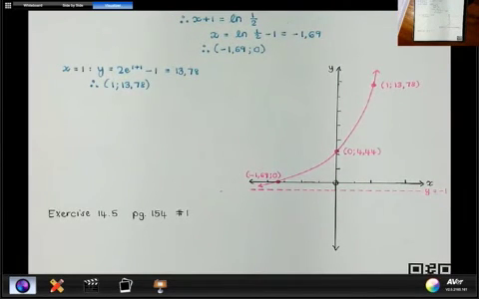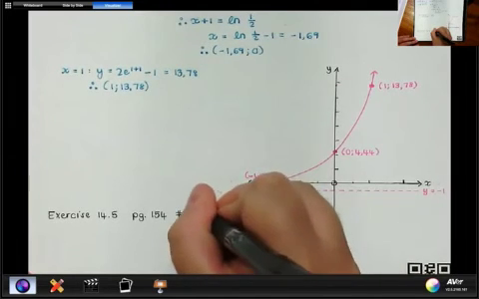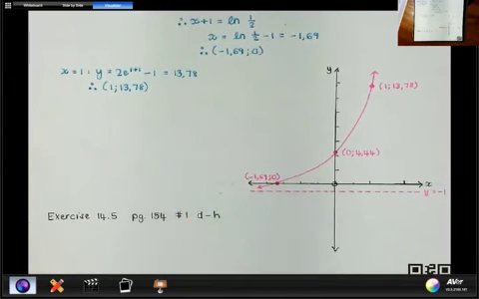So maybe let's not do all of them. Let's do D to H. Right, number 1, D to H. You are obviously more than welcome to do all of them if you feel like you need the practice. But then the ones that they are asking in number 2 are the absolute value ones, all right, which I want to keep for the next lesson.